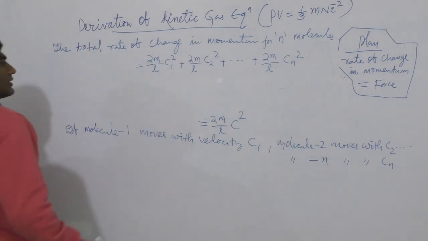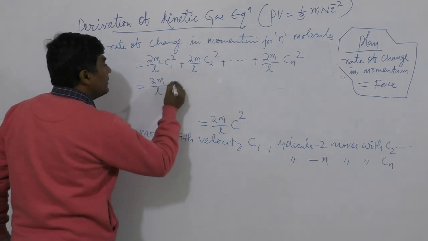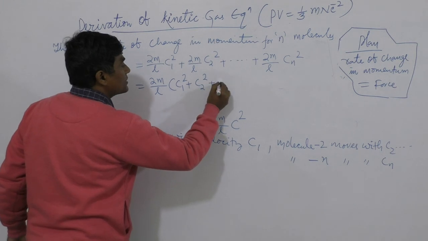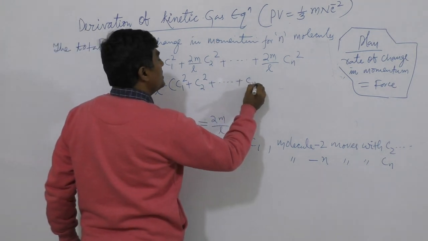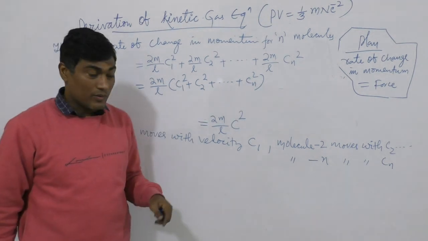So let us take 2m by L in common: 2m by L into c1 square plus c2 square plus and so on plus cn square. Okay, so this is the simplified form.